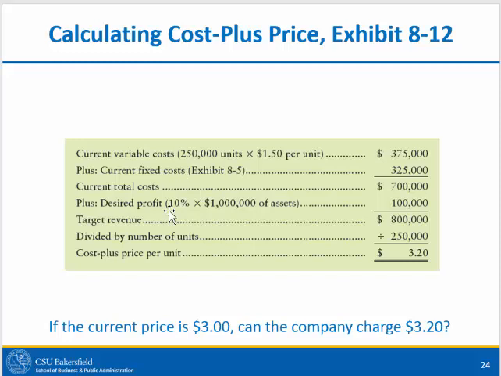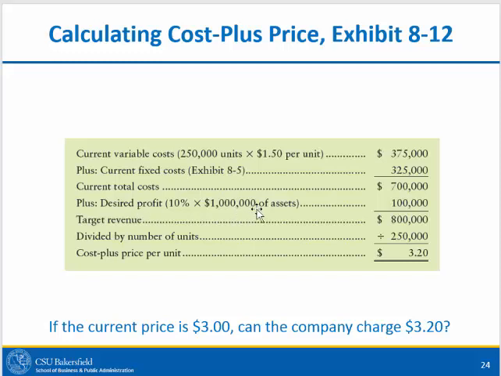So the whole idea is I don't really care about the market price. I just look at my manufacturing or maybe merchandising. In order to sell 250,000 units, what is the total cost? And you get a number. Then you look at what formula you're going to use to compute the desired profit.